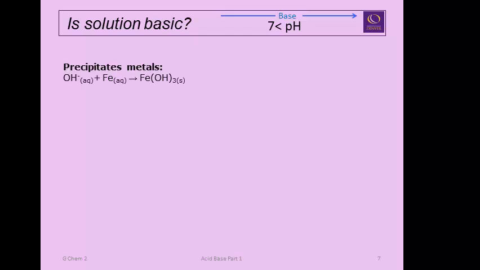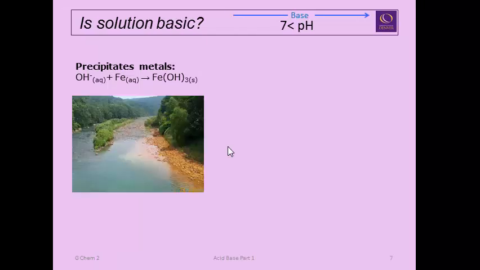One of the important things is kind of the opposite of what I showed you, and that is hydroxides are quite often used to precipitate metals, and this is really relevant for drinking water cleanup, because if you have heavy metals in the water, which are usually poisonous to us to drink, a lot of times in a water treatment plant they make it slightly basic to precipitate those out. Here's an example.